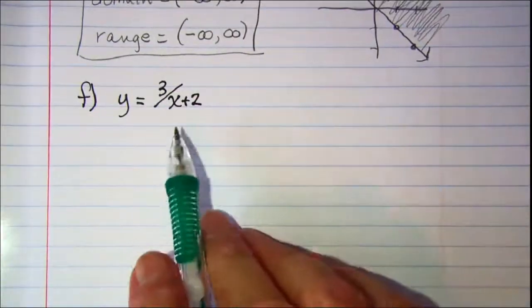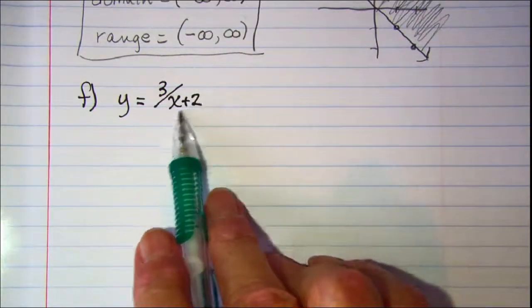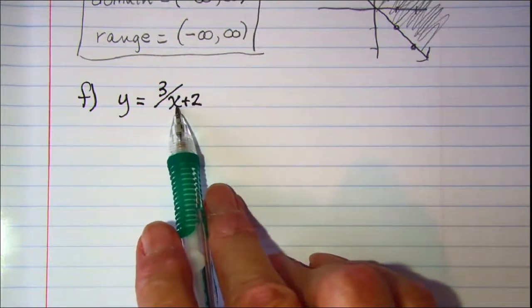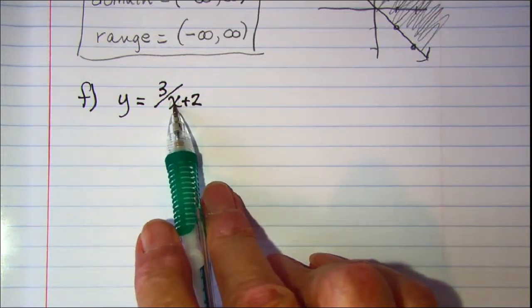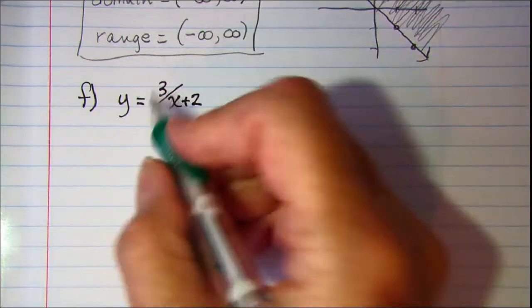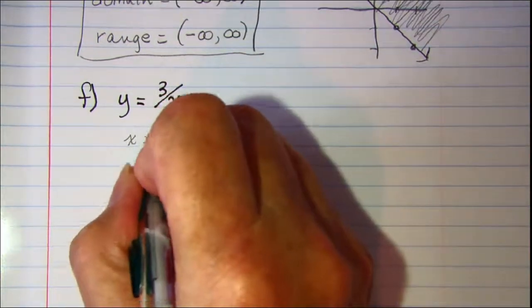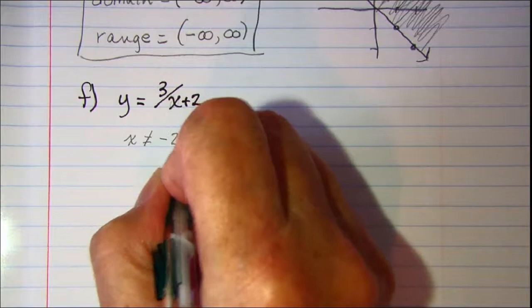Our last example. On this one, we have a restriction on the domain. Anytime you have a fraction, the denominator cannot be 0. So negative 2, if we put that in for x right here, we would have a 0 in the denominator. So our x cannot be negative 2.